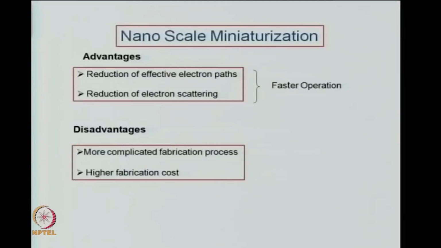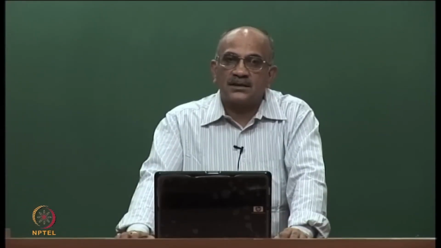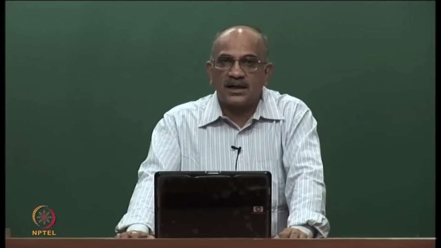Okay. However, the more miniaturization you need, you need to design more difficult nanostructures, and that normally enhances the cost of the fabrication process, and you have to use much more complicated equipment to design such highly miniaturized devices.